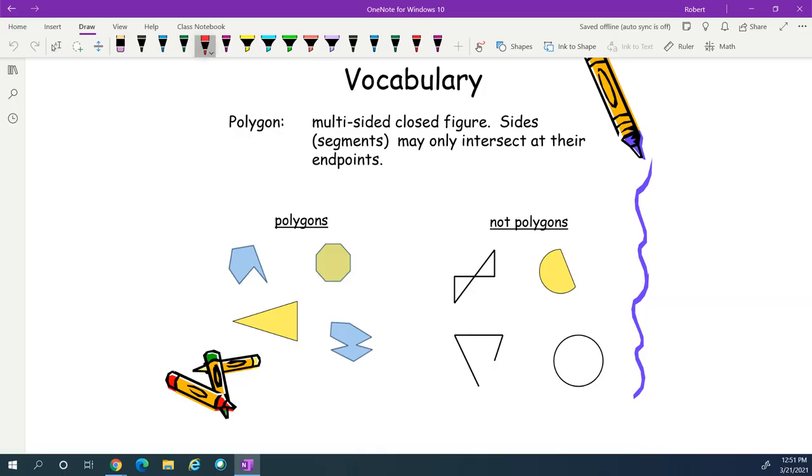We also have an example right here, a picture that we've seen in the past when we've treated it as two triangles. If we say it's two triangles, then yes, each triangle is a polygon, but as a single shape, it just does not fit the definition. So that is not a polygon, although we could say it is made up of two different polygons that happen to touch each other.